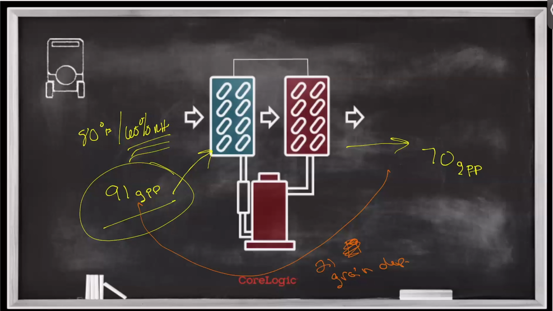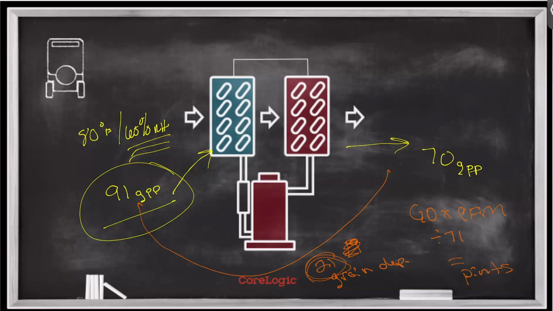If you take your grain depression and multiply that by the CFM, and CFM is cubic feet per minute of air going through the dehumidifier, and then divide that by 71, it'll convert the grains of depression into pints of water removal per day.